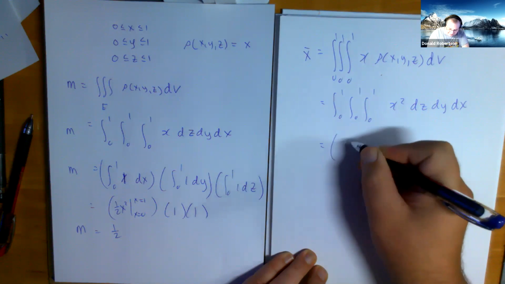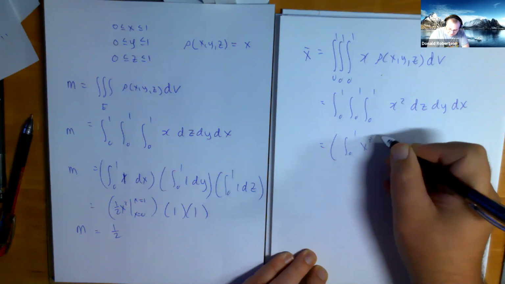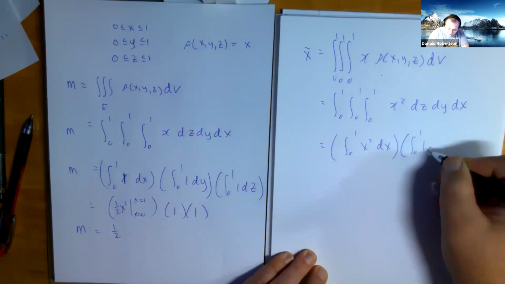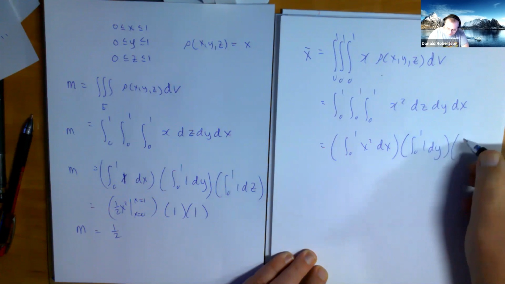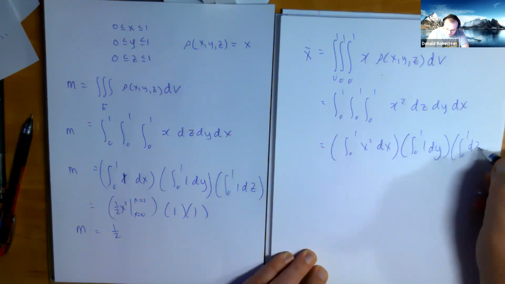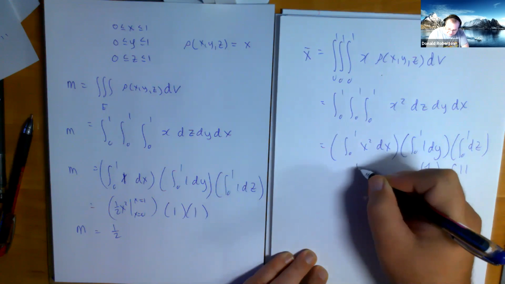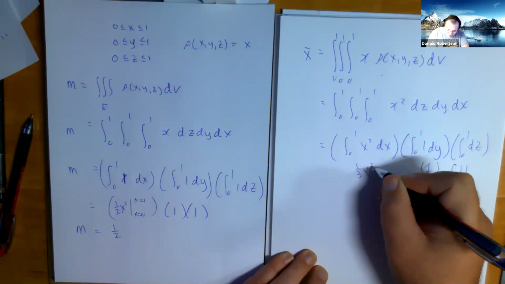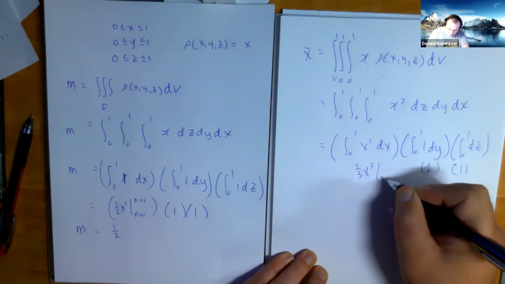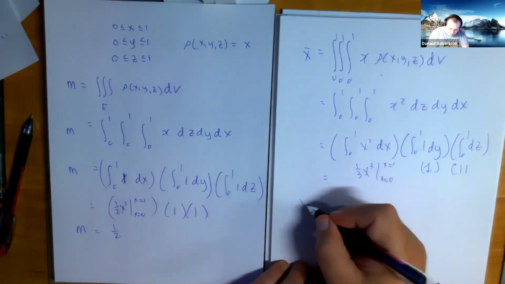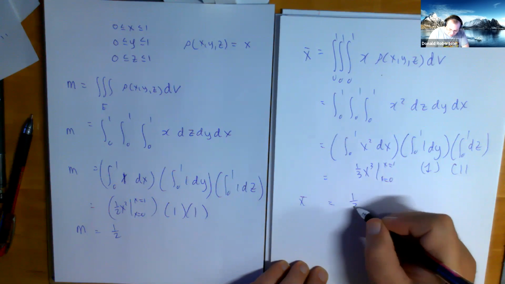And that can separate, and that's 1, and that's 1, and this is a third, x cubed over 3. So x bar ends up being 1/3.